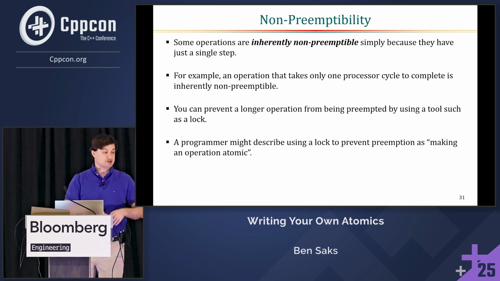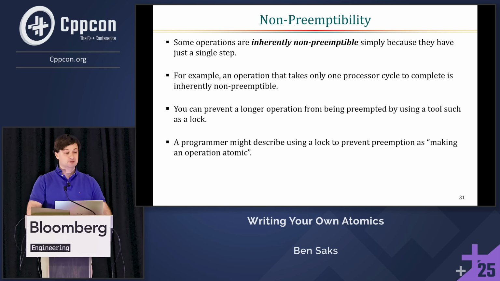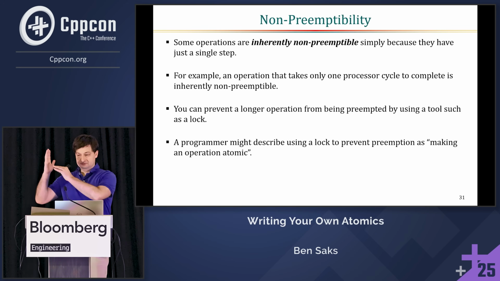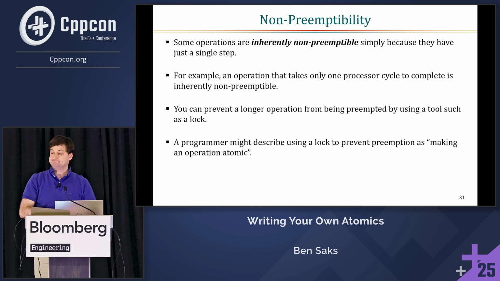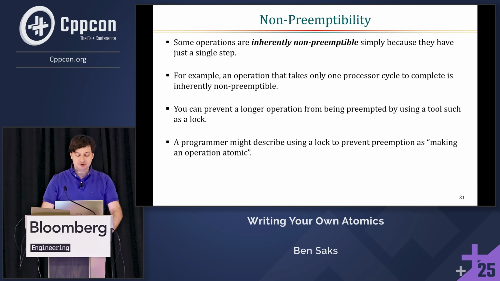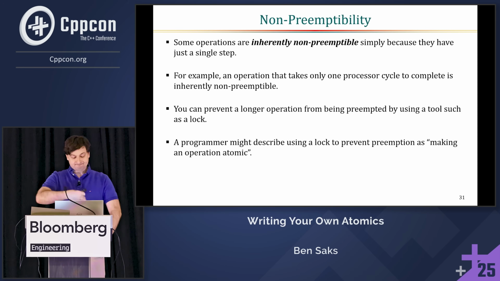Now, some operations are just inherently non-preemptible because, for example, they take just one processor cycle to complete. There's just a moment before they start, and then the next moment, they're done. There's no opportunity to interrupt them in the middle. But for a longer operation, those absolutely could be preempted in the middle in a typical multi-threading system.